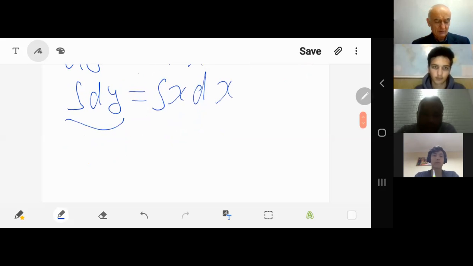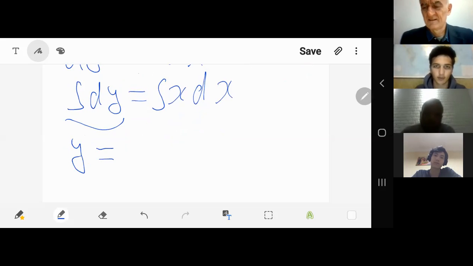So I can write down y equals, now what is the integral of x? X squared divided by 2.